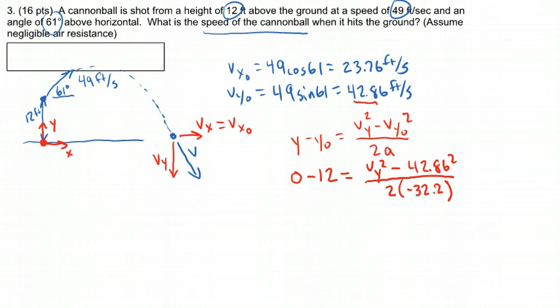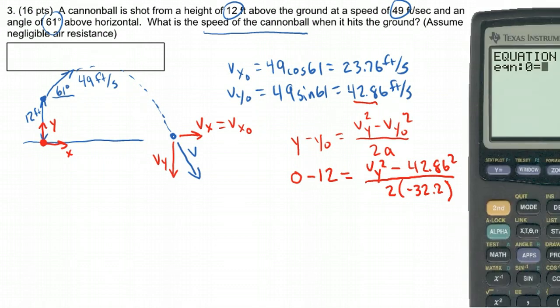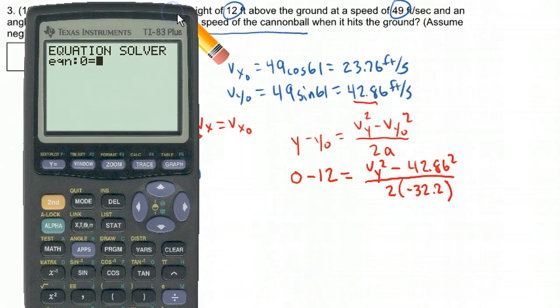Okay, so I'm going to use Solver to solve this one. Not too hard with math, but I'll go ahead and plug it into Solver. And I'll move it over here so we can see it. Okay, so I'll move the 12 to the other side.